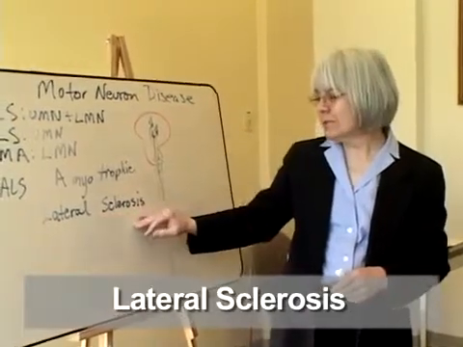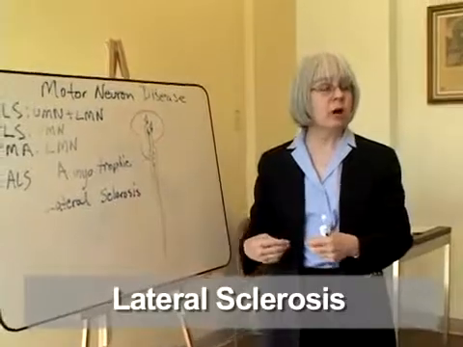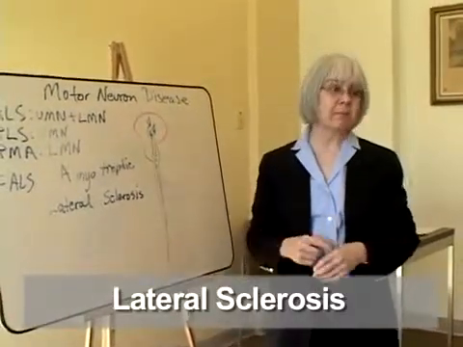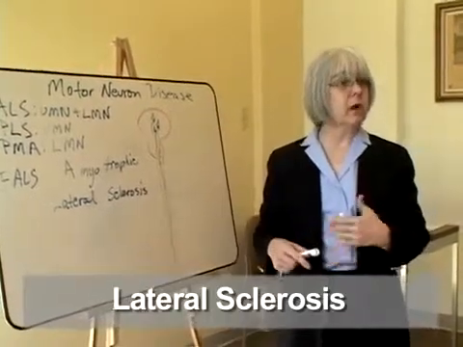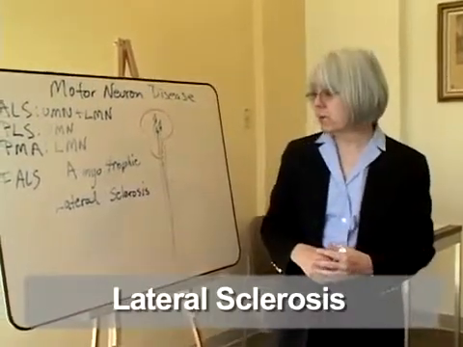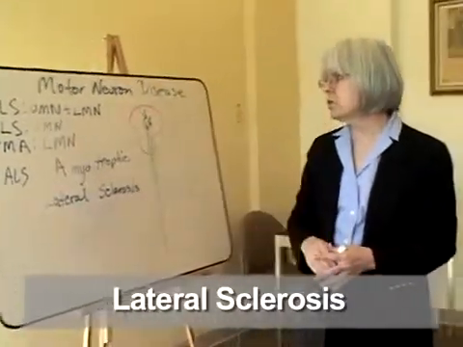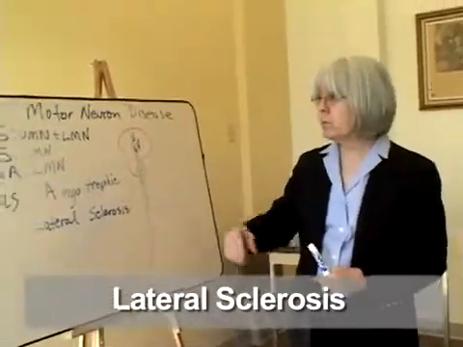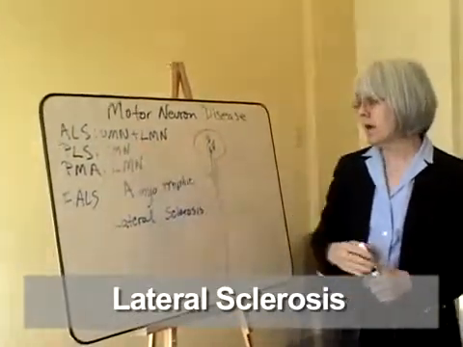And sclerosis is a medical term that means hardened or scarred area, and anything can be sclerosed. Atherosclerosis is hardening of the arteries, for instance. In here, we're looking at lateral sclerosis in terms of the upper motor neurons. So this is a reflection of upper motor neuron damage.